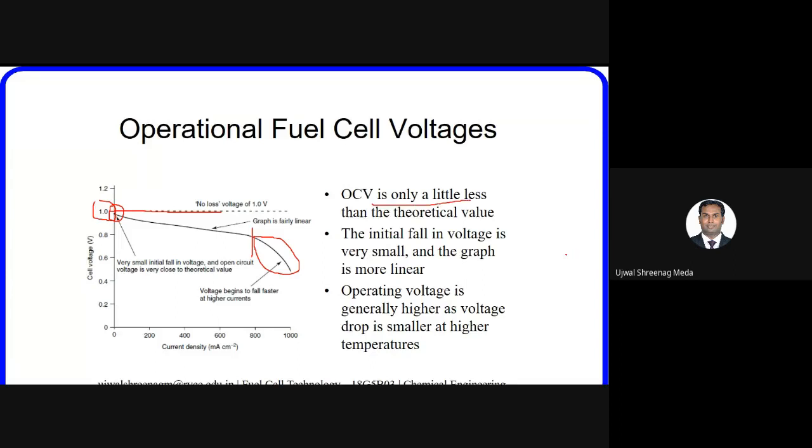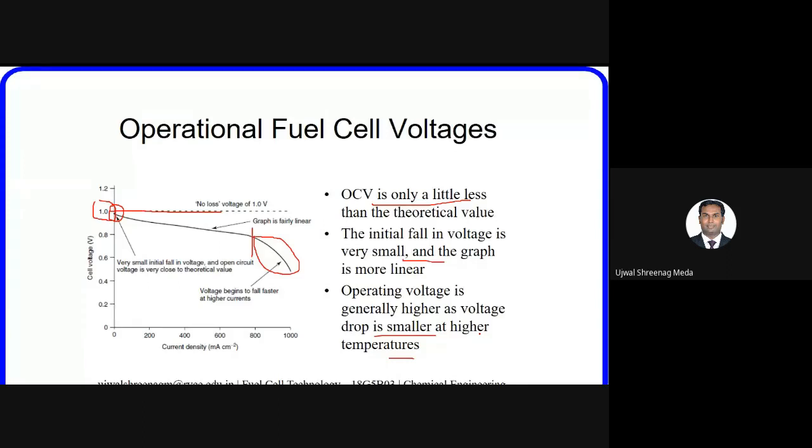The initial fall in voltage is very small, and the graph is more linear. And operating voltage is generally higher as voltage drop is smaller at higher temperatures. So if you compare these operating voltages with that of fuel cells that are operated at temperatures close to room temperature or less than 100 degrees centigrade, operating voltages are generally high. That is because the loss is less.